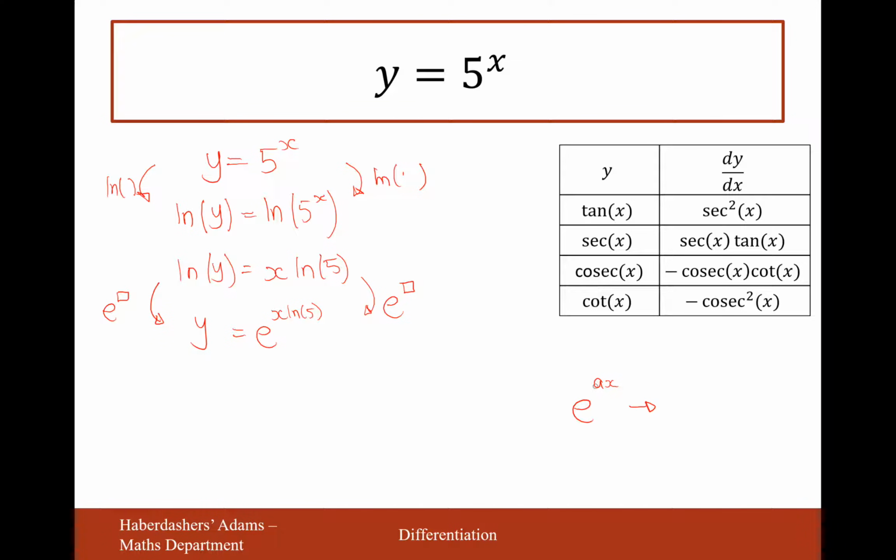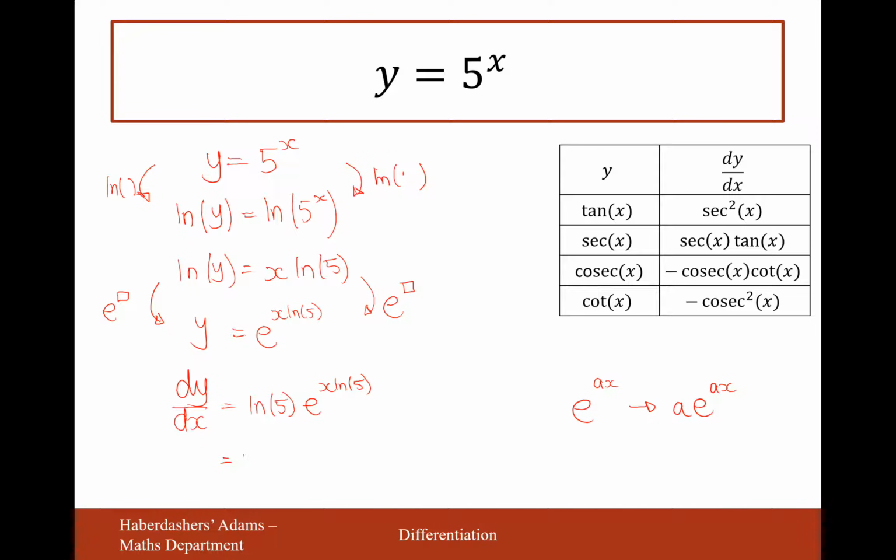It's kind of like a scale factor, that goes to the front and remains at the top of the power with the e. Which is what's going to happen here. It's going to be dy by dx equals ln 5 e to the x ln 5. So the ln 5 here is kind of like the scale factor multiplier on the x here. Differentiate the inside function first, that would be ln 5, and then outside function second, e, that stays as it was before.